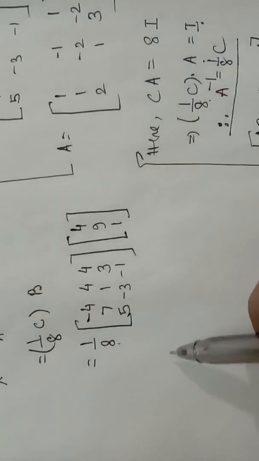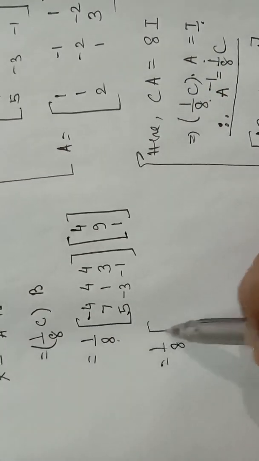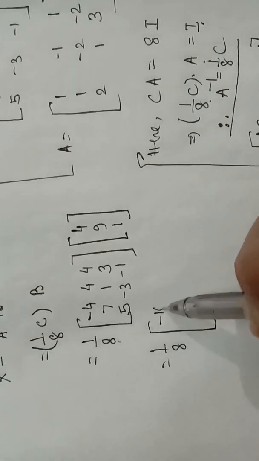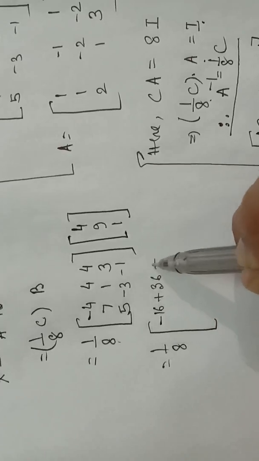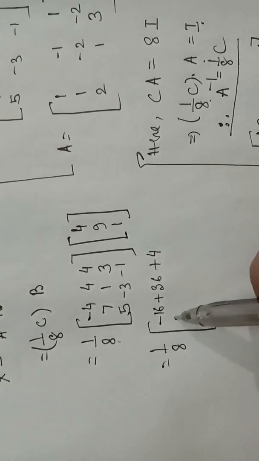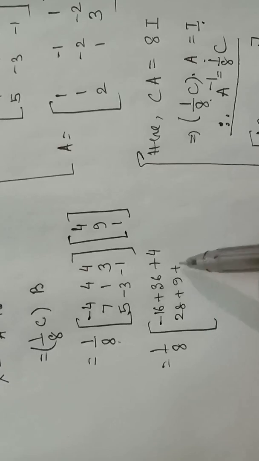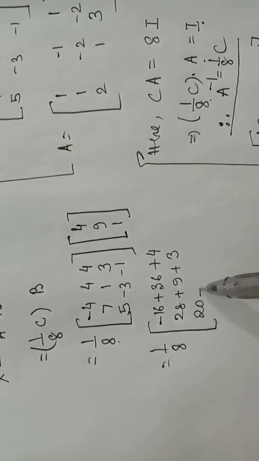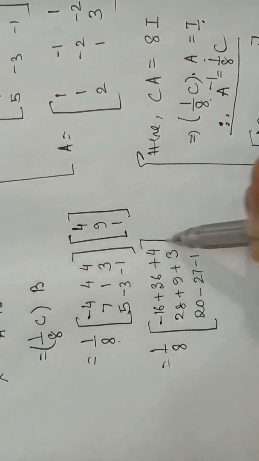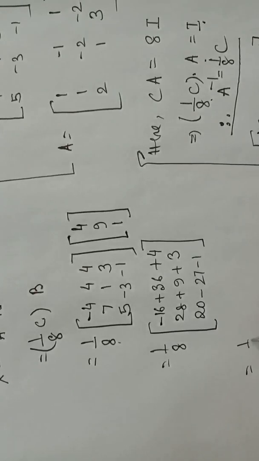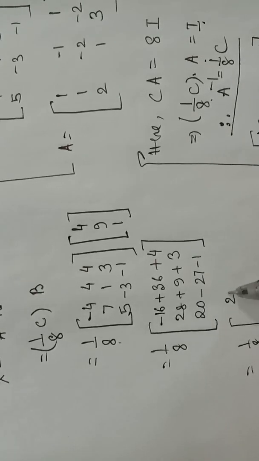Now if we multiply 1 by 8 into, this will be minus 16 plus 36 plus 4, this will be 28 plus 9 plus 3, 20 minus 27 minus 1. 40 minus 16 is 24, 28 plus 12 is 40, 20 minus 8 is minus 8.